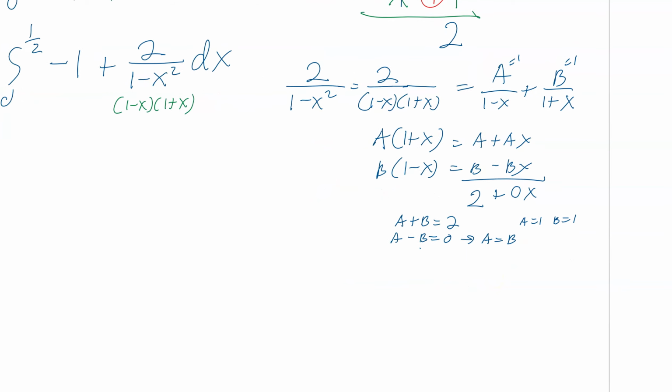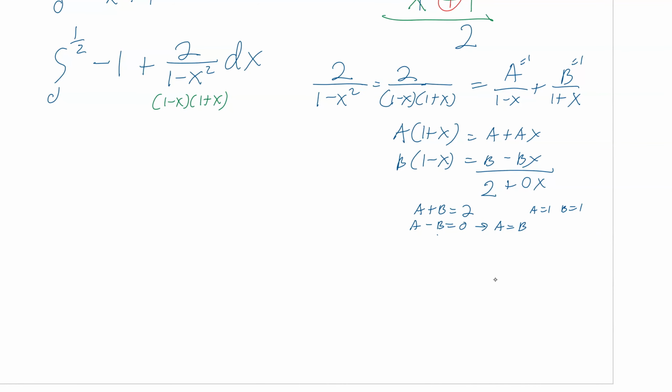And now we can continue breaking up our integral into our partial fractions. So we have negative 1 plus 1 over 1 minus x plus 1 over 1 plus x. And now it's ready to go. So this becomes negative x plus natural log of 1 minus x.